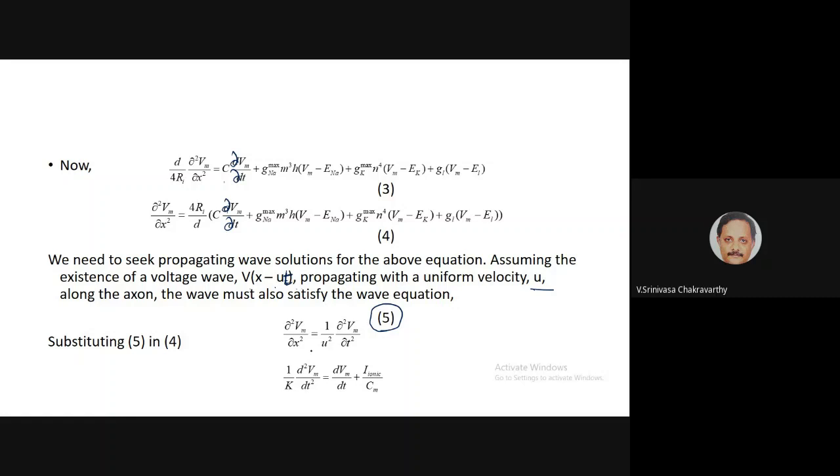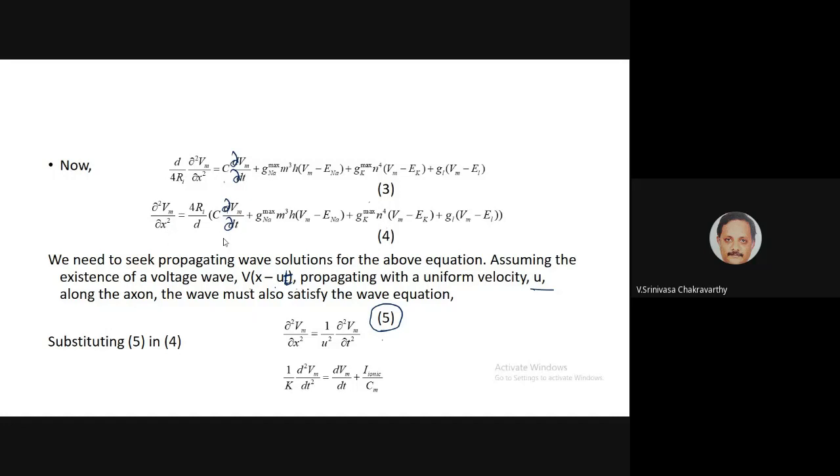Now you plug this result back into equation number 3 here. Then what you have is 1 by k, where k is some constant, because if you substitute 5 in either 3 or 4, you can get rid of the spatial derivative, which you are now replacing with a temporal derivative.